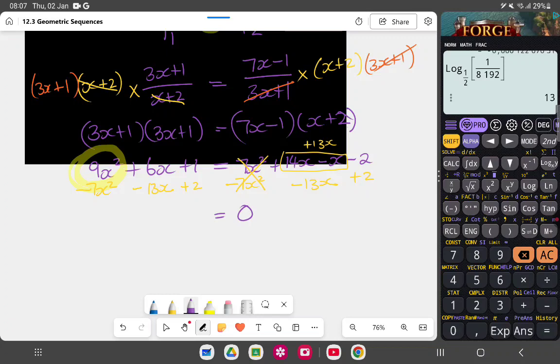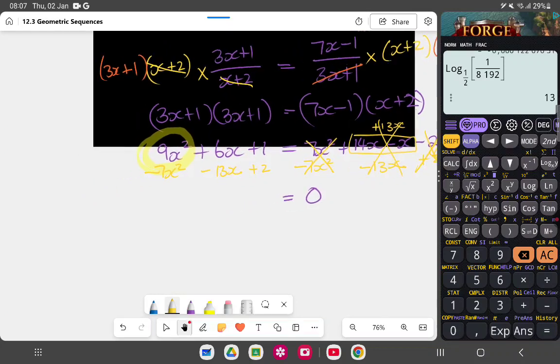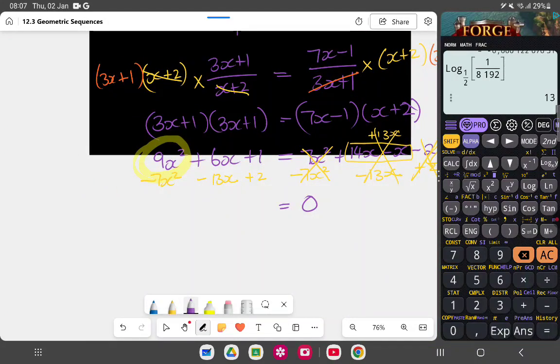On the right I have 0, because that's gone and that's gone. Everything went to the left hand side. What do we have on the left hand side? 9x squared minus 7x squared is 2x squared. 6 minus 13 you can do on your calculator. That gives us negative 7x, and 1 plus 2 is 3.